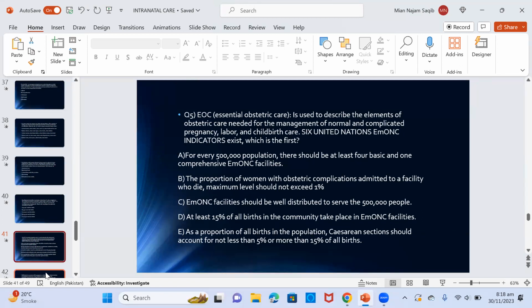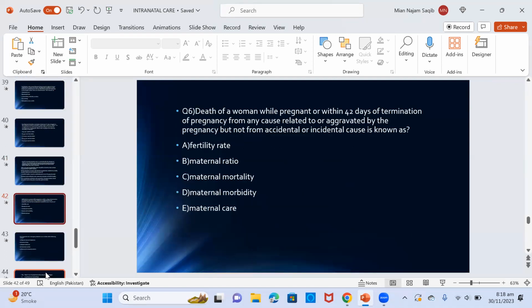C. Facilities should be well distributed to serve the 500,000 people. D. At least 15% of all births in the community take place in EmONC facilities. Or E. As a proportion of all births in the population, cesarean sections should account for less than 5% or more than 15% of all births. The answer is 5A.